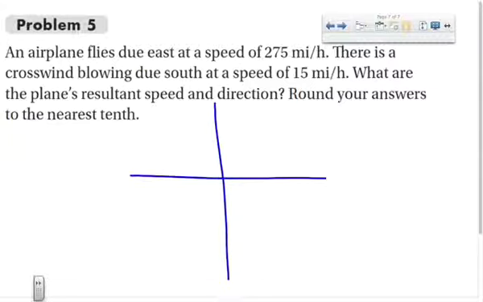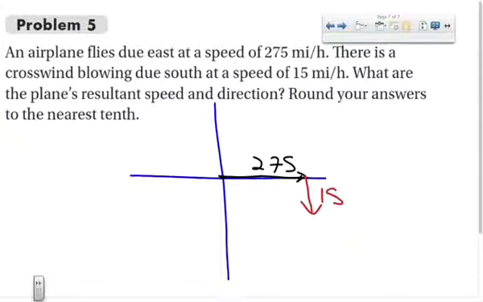Okay, so the airplane is flying due east at 275. So this is 275. And then there's a crosswind blowing due south at a speed of 15 miles per hour. So it's pushing it down at 15 miles per hour.